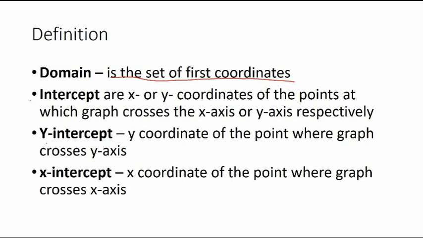So a y-intercept is the y coordinate of the point where the graph crosses the y-axis, while the x-intercept is the x-coordinate of the point where the graph crosses the x-axis. So these are the important points that you need to remember. These are the things that you will look for or find in a rational function.